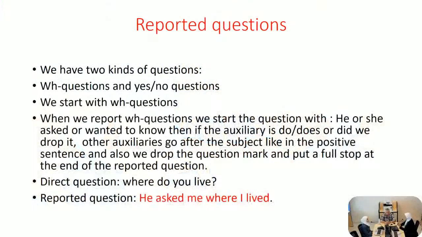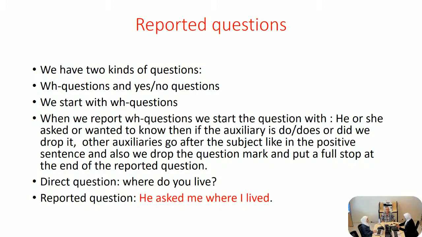Ms. Safa, will you please continue about questions? Reported questions. We have 2 kinds of questions, WH questions and yes, no questions. We have to differentiate between these forms. So we start with WH questions. When we report WH questions, we start the question with he or she asked or wanted to know. Then if the auxiliary is do or does or even did, we drop it.